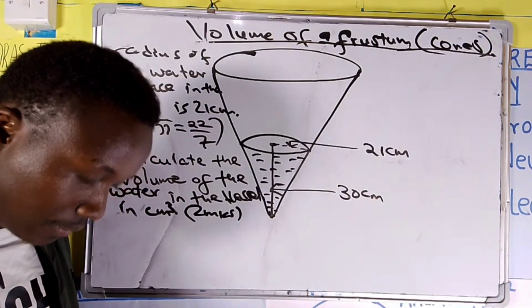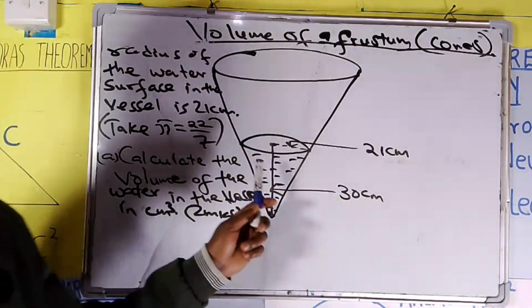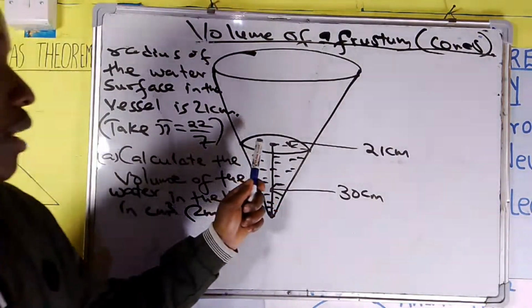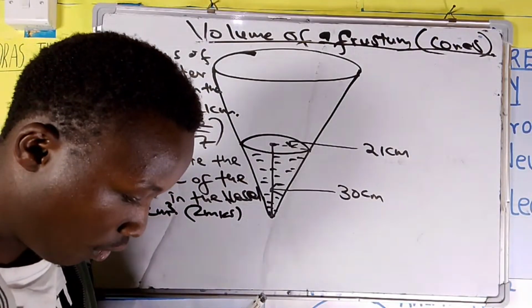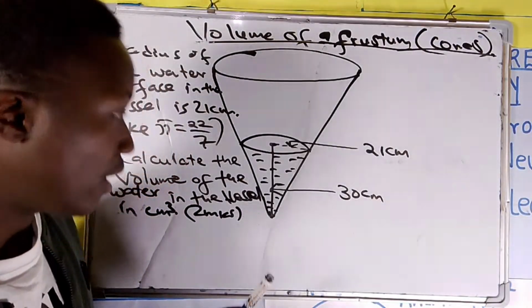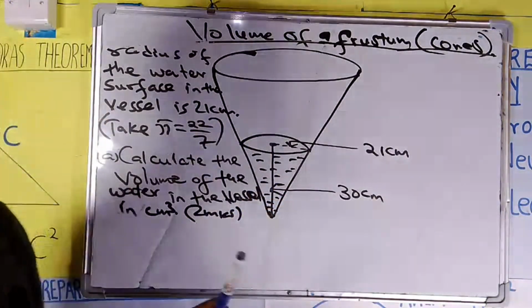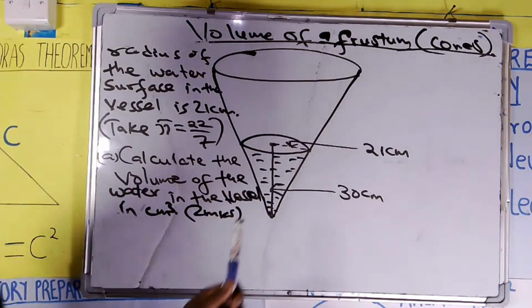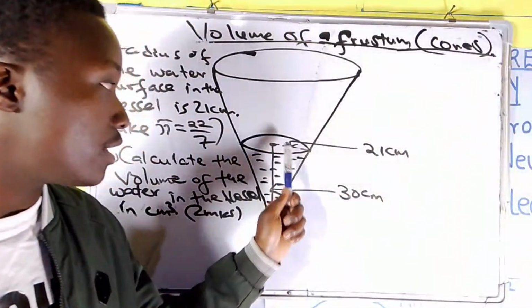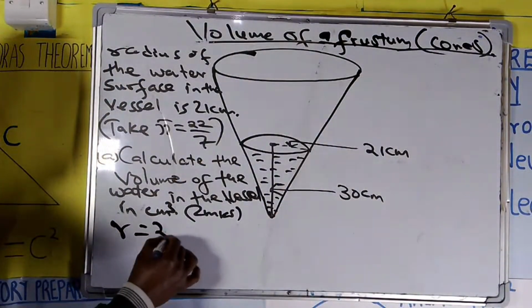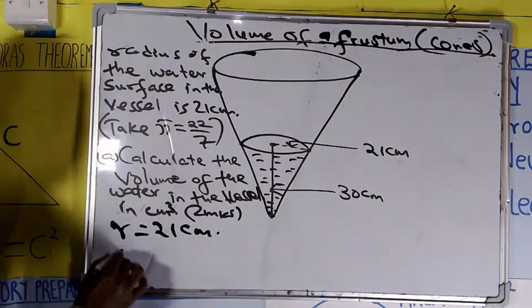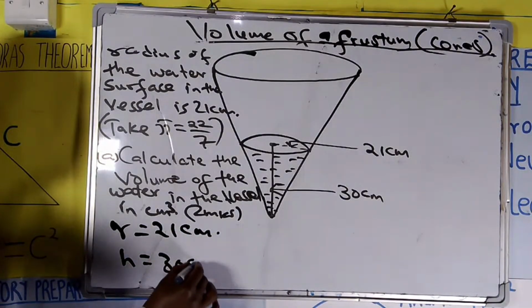So the water in the vessel, you can see the water in the vessel has completely filled this cone. So in simple terms, we are supposed to determine the volume of this smaller cone here, with a radius of 21 centimeters and with a perpendicular height of 30 centimeters.